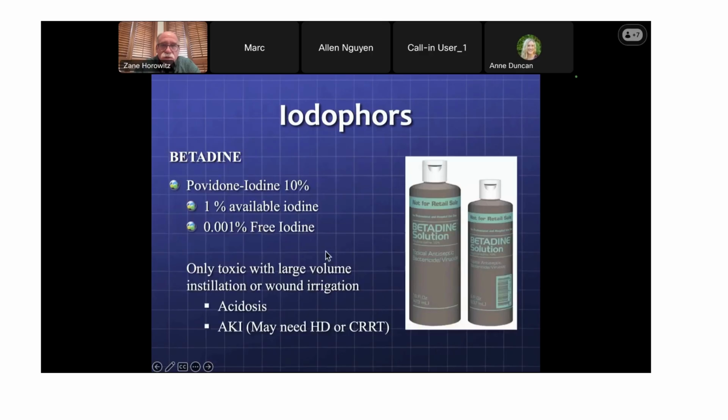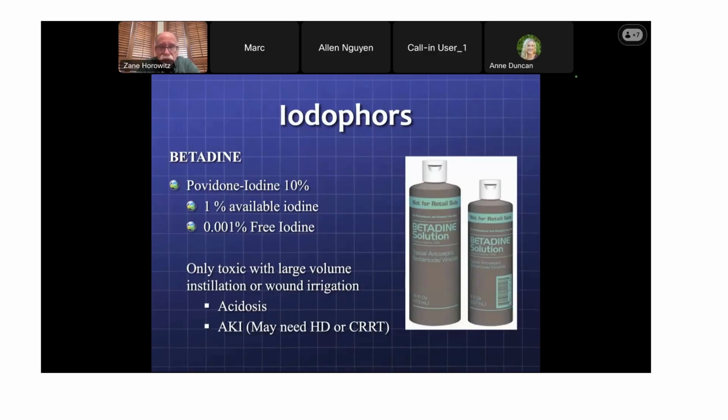Here, the iodophors are not a problem. This is Betadine. We have this all over the hospital and the ER to wash up wounds. It's povidone iodine, and even though it's iodine, it's in a form that's not toxic. There's only 1% available as iodine and 0.001% as free iodine, so not a lot to cause tissue injury.